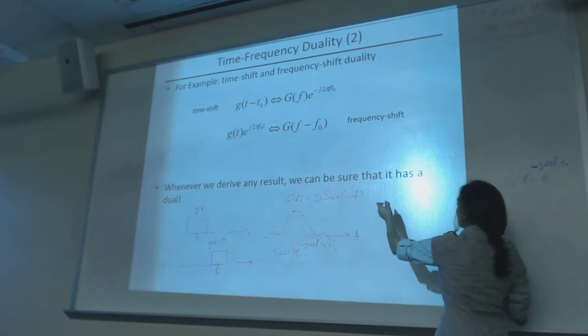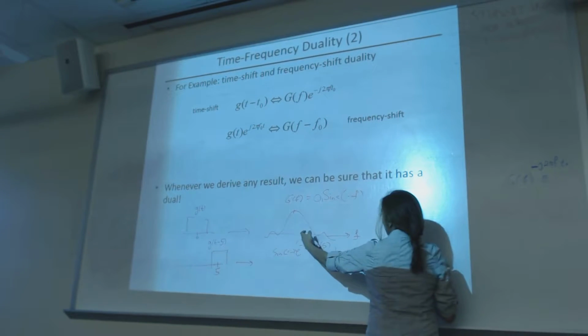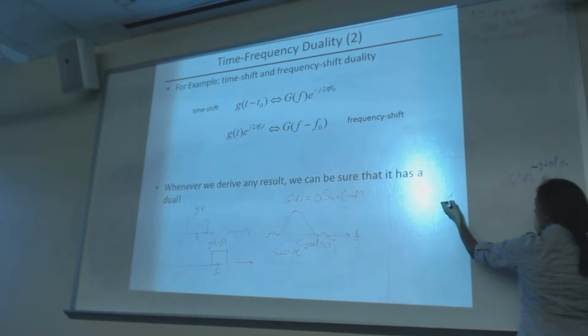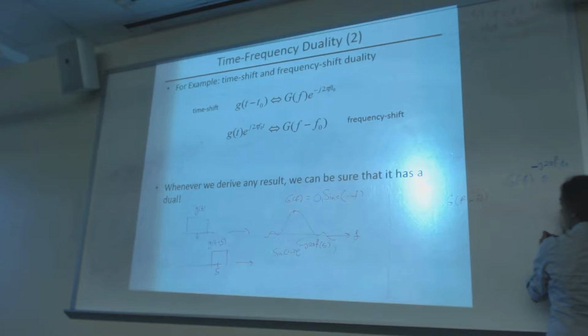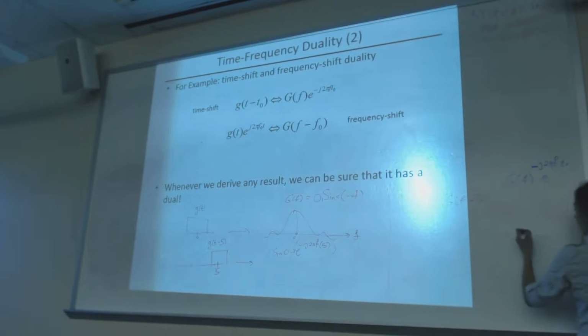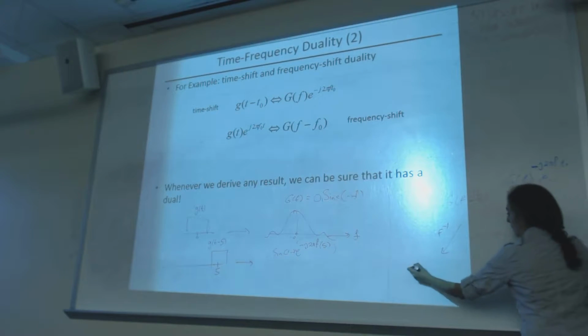Now the duality says a similar thing. If I shift this one in the frequency, so instead of G of f, I have, let's say, G of f minus 2, so instead of starting from 0, I start from 2, I shift my signal in the frequency. What happens if I take the inverse Fourier transform?